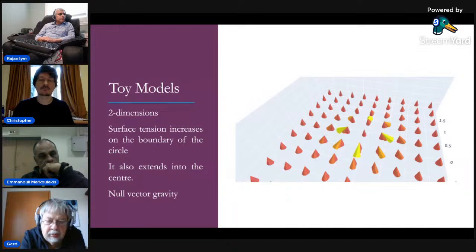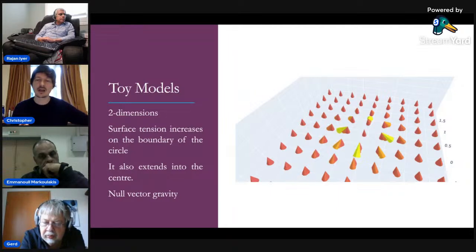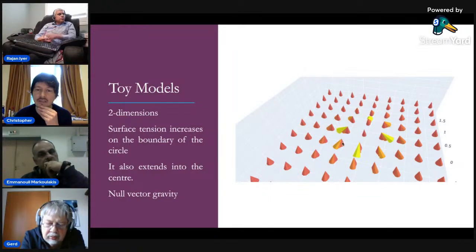So to begin with, we start with a series of toy models. The first one is in 2 dimensions. So we have essentially a sphere, and we have the vector field pointing towards the surface of the sphere, just as we saw in the first image. And what we see is that the surface tension or gravity increases on the boundary of the circle as it's projected to 2D.